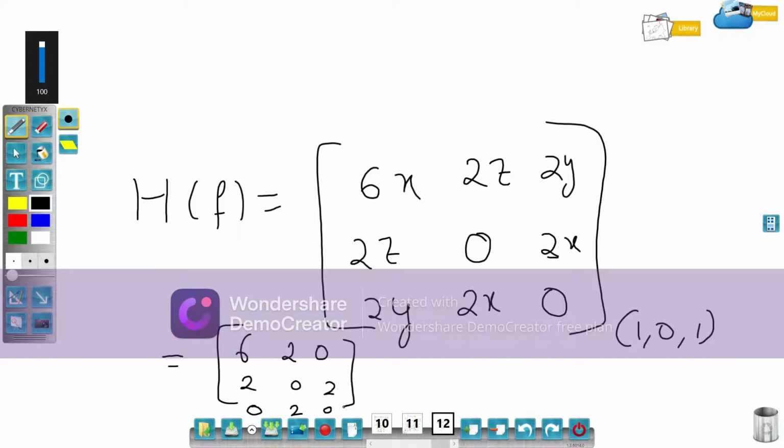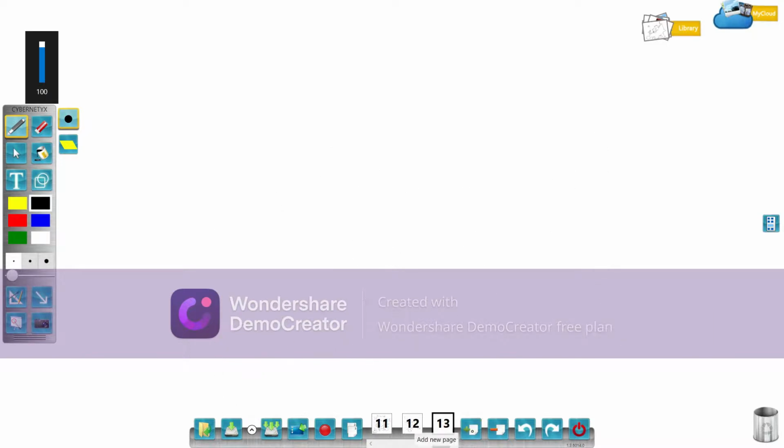So this Hessian matrix will help us a lot to find out the maxima and minima. There is a second derivative test in which the Hessian matrix plays a very crucial role. So let me state one of the theorems. We will not prove it, but at least I will state it.